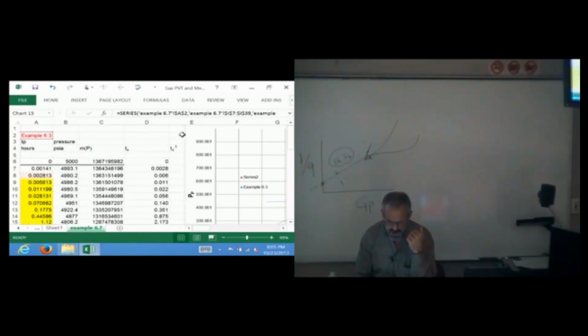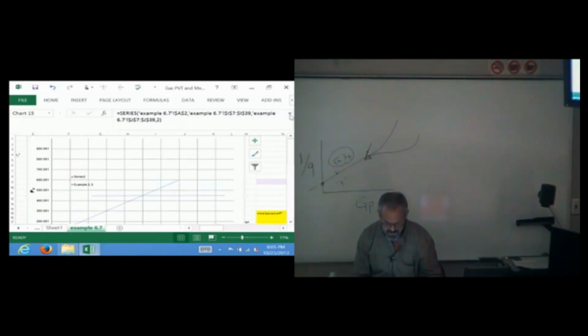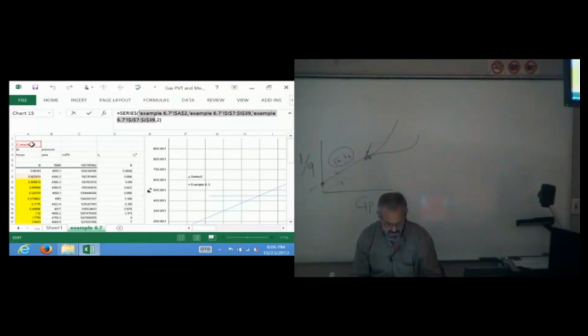I do this all the time. I just overwrite what I had on here. Although it's going to be a little difficult. But I like challenges.